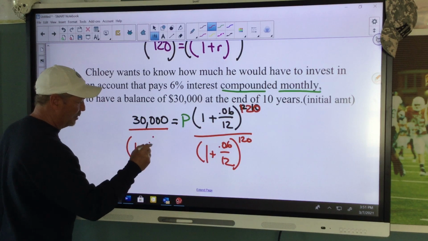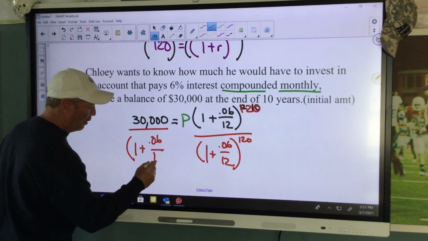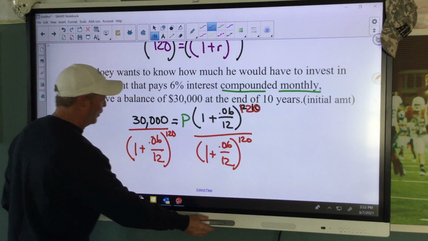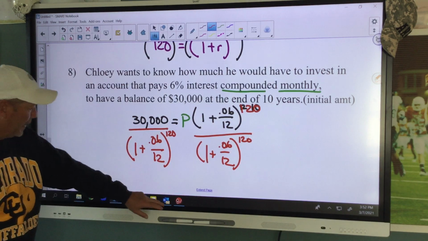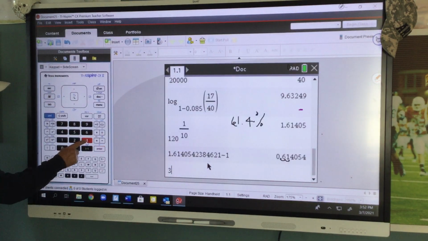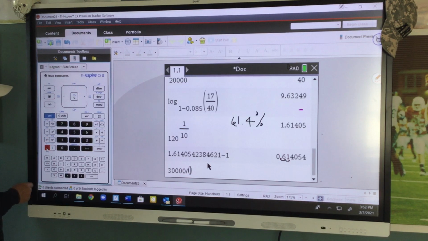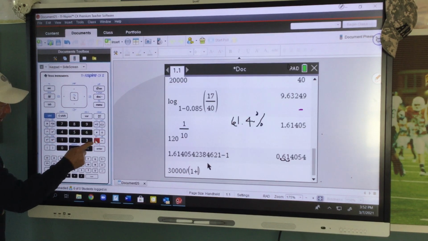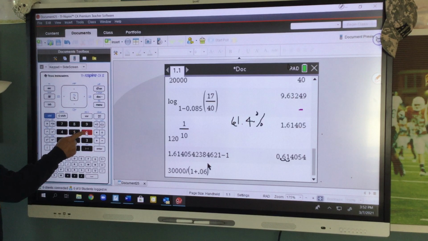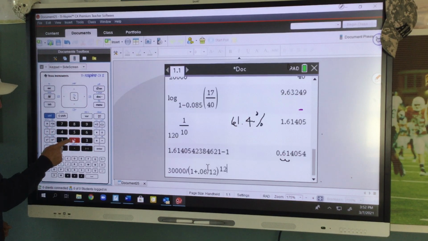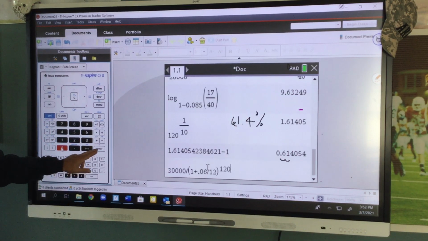All right, let's see if we can get that. 30,000 divided by parentheses, 1 plus 0.06 divided by 12, close it, raise it to the exponent power of 120. We're going to hit enter.